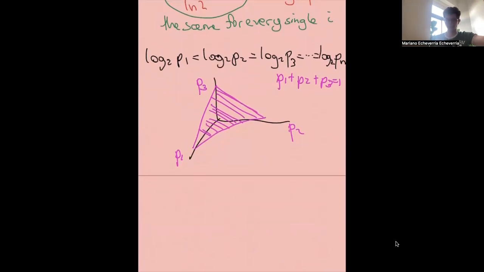Or if you prefer, maybe it's easier to draw it in two variables. When it's two variables, p1 plus p2 equals 1, you can also do this as a Lagrange multiplier problem. It's kind of more elegant. This is the equation of a line in terms of p1 and p2, but because the probabilities cannot be greater than 1 or smaller than 0, it is not the full line that you get.